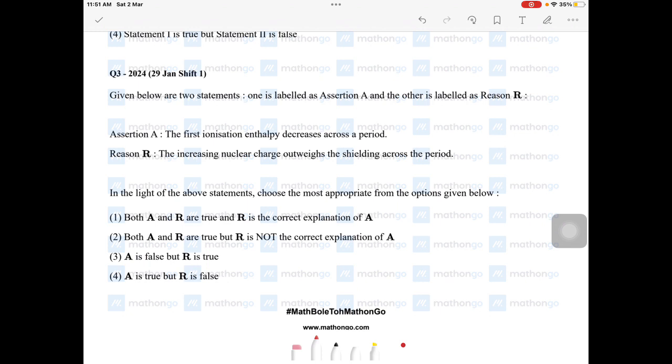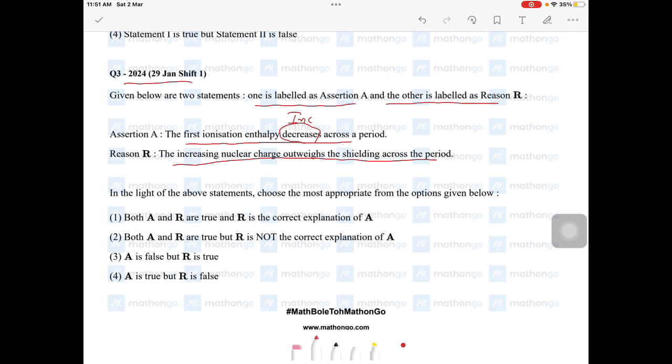Next, question number 3, 29th January shift 1. Given below are two statements. One is labeled as assertion and the other labeled as reason. The first ionization enthalpy decreases across the period? No, it increases across the period. The increasing nuclear charge outside the shielding across the period.